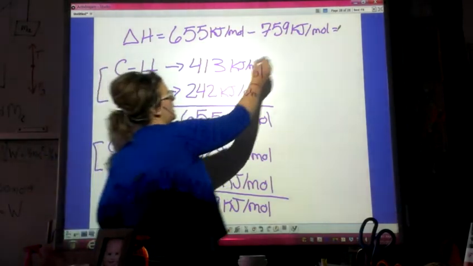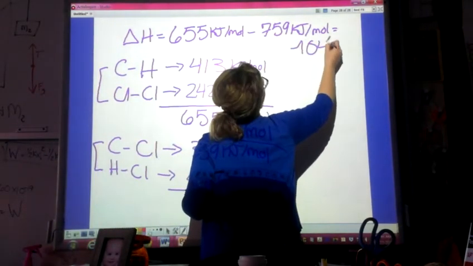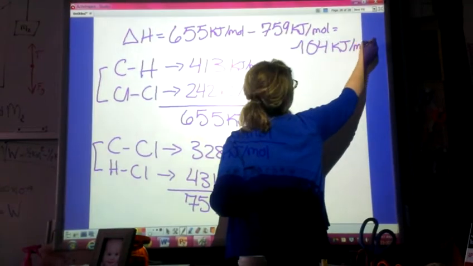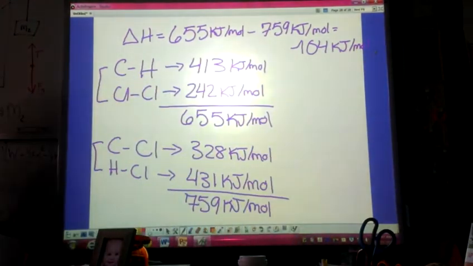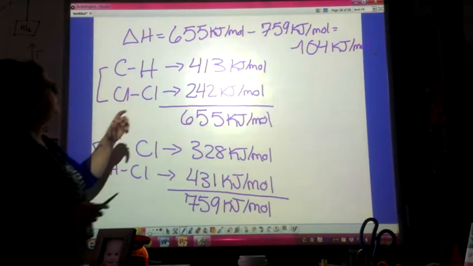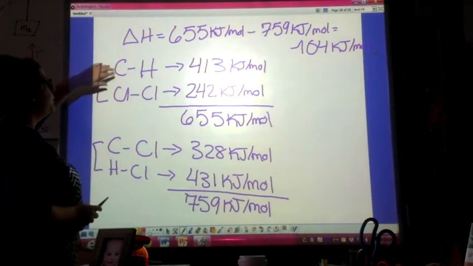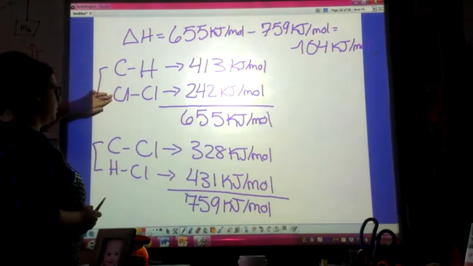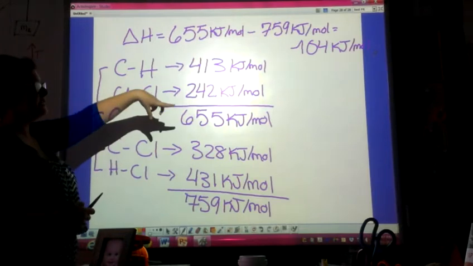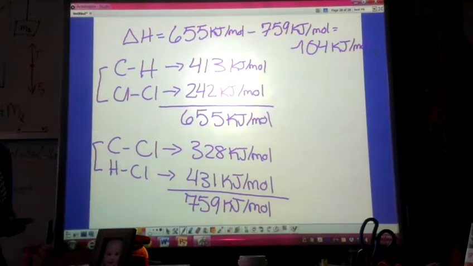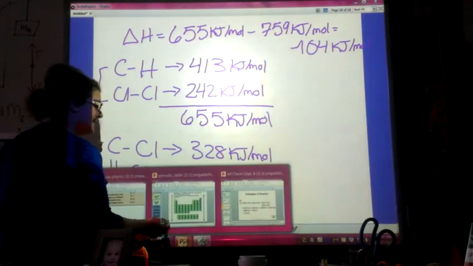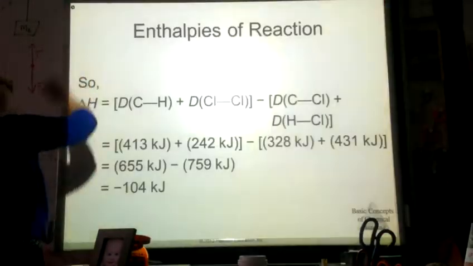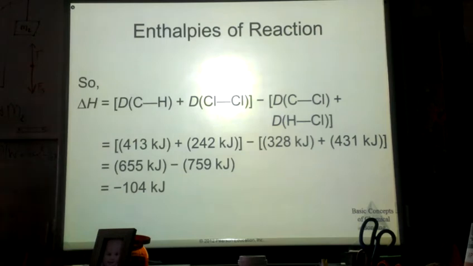I should get a negative 104 kilojoules per mole. So what I found was that ultimately when the carbon-hydrogen bond and the chlorine bond broke to form these, I released energy. So this would be considered what we call an exothermic reaction because we're releasing energy. But this is how I'm going to do a bond enthalpy problem. So we should get a negative 104 kilojoules in terms of its energy.